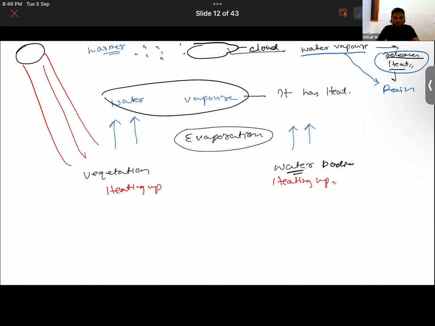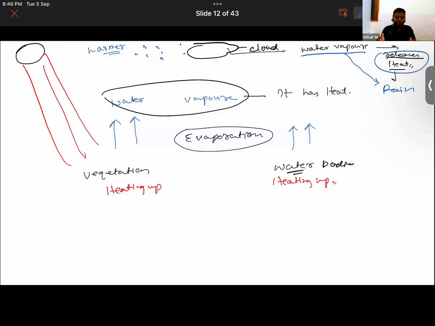Sundus, you were saying something? When the cloud releases rain, it releases heat also, and there is a drop in pressure also. Not exact timing, it happens in a sequence.